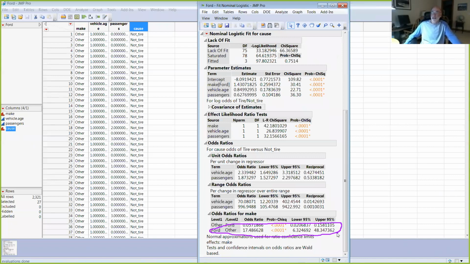That's a pretty dramatic difference. Can't remember how this lawsuit was decided, but if I had to guess, looking at this, my guess is they settled out of court. You really don't want this in front of a jury. And the confidence interval is from 6 times the odds to 48.35 times the odds. Very large difference.